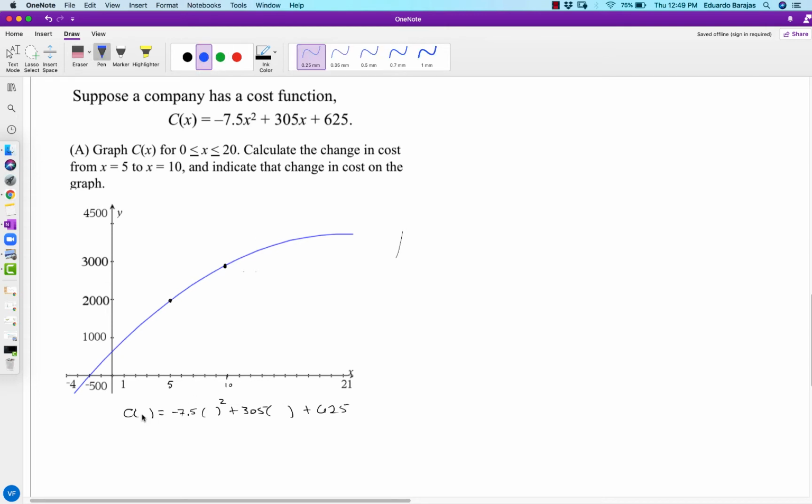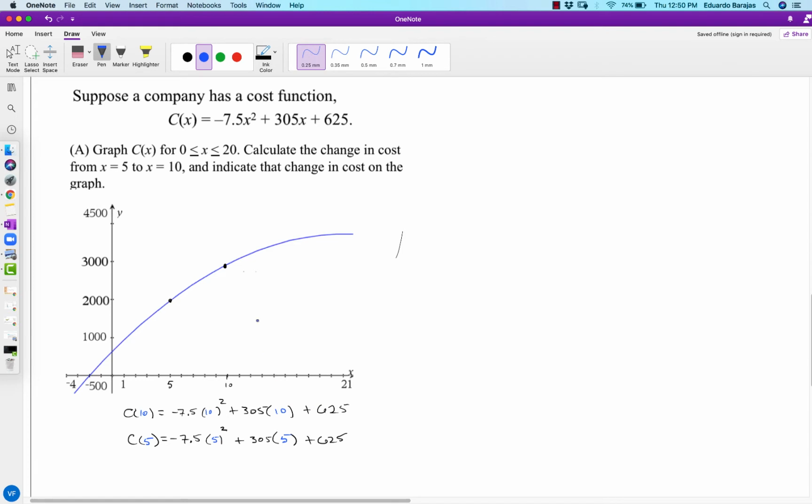So this is evaluating it at 10, 10, and 10, so we can get a result from there. And then also we can figure out C of 5 with the same formula. So there's a 5 there, a 5 there, and a 5 there.